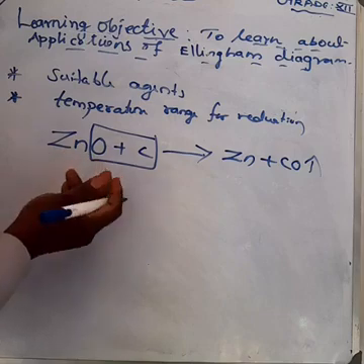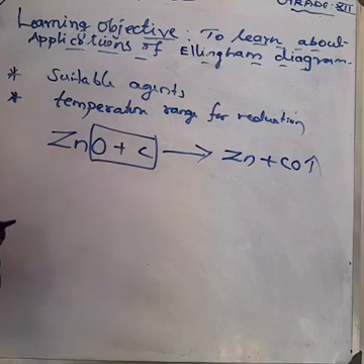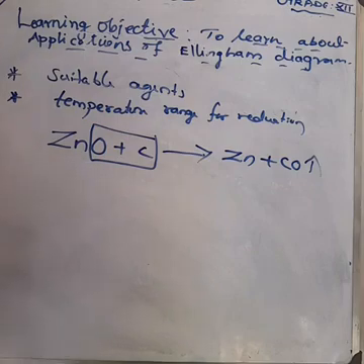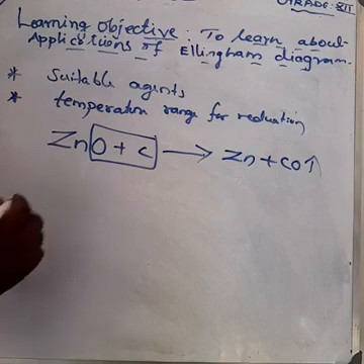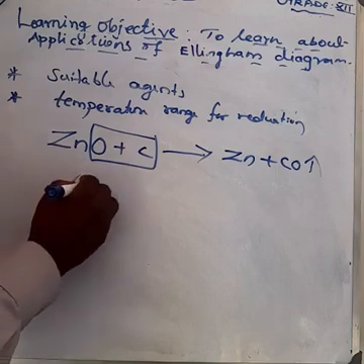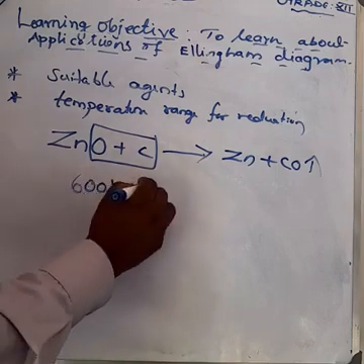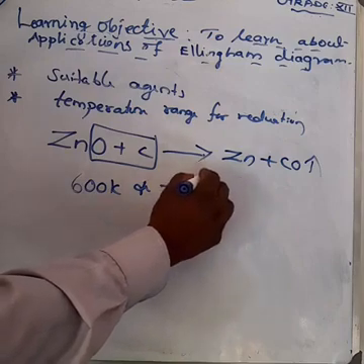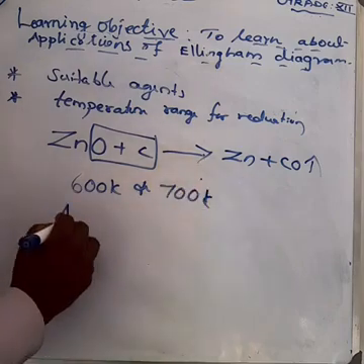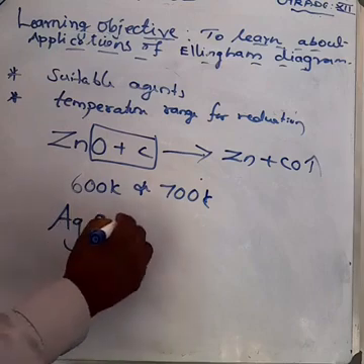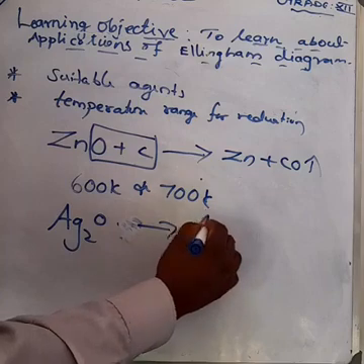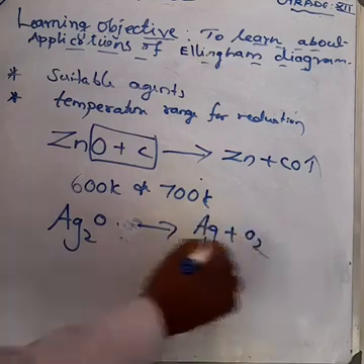Their decomposition temperatures are 600 and 700 Kelvin. At 600 and 700 Kelvin, both oxides decompose: silver oxide decomposes into silver and oxygen, and mercury oxide decomposes into mercury and oxygen.